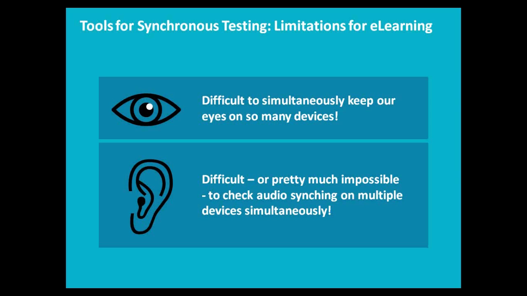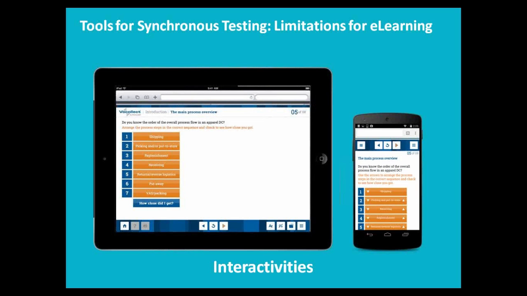We also found it inconvenient in some cases to test interactivities. Anushka had shown us this example earlier. On the tablet, when we swap a couple of options, we can see that nothing changed on the smartphone. It's worth mentioning that this is an inconvenience we face because of our responsive design strategy.